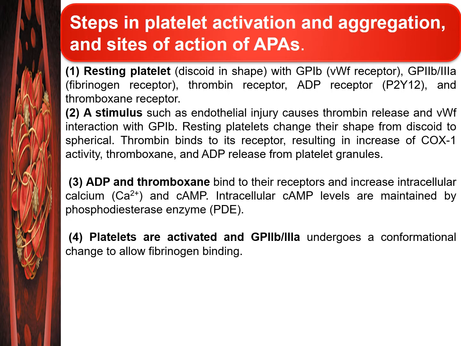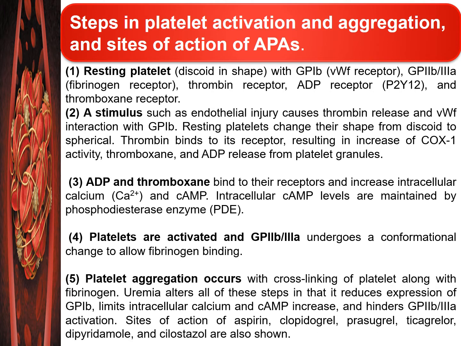The platelets are activated and the glycoprotein integrin 2b and 3a undergo a conformational change to allow fibrinogen binding. Then finally, in the fifth step, what happens? Platelet aggregation occurs with cross-linking of platelets along with fibrinogen.